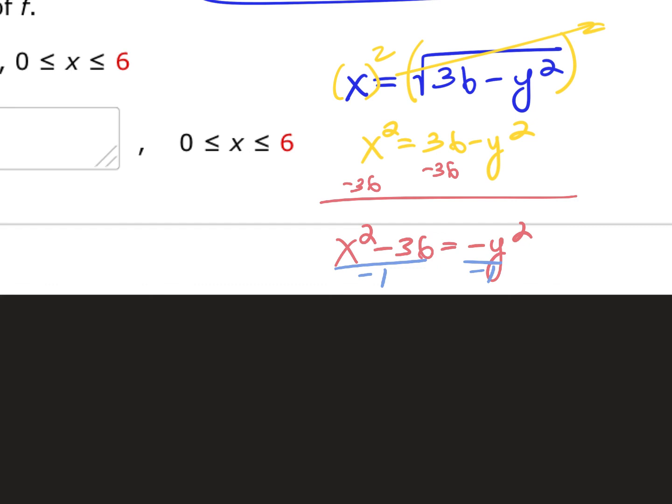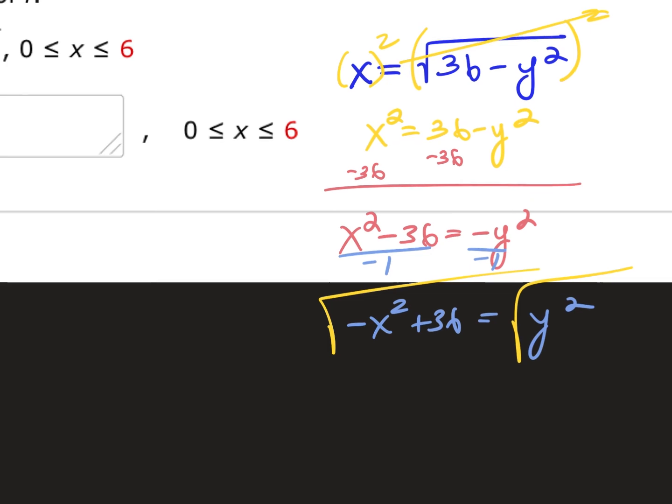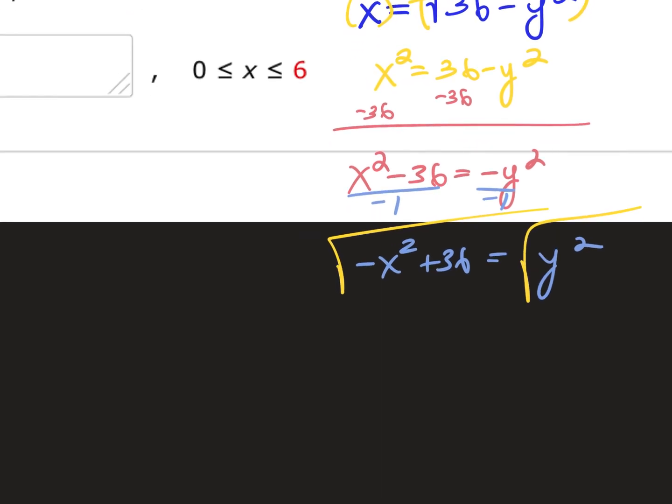When I divide by a negative, what happens to the signs? This changed. Good. Plus or minus. Good. So write it as correctly as possible.